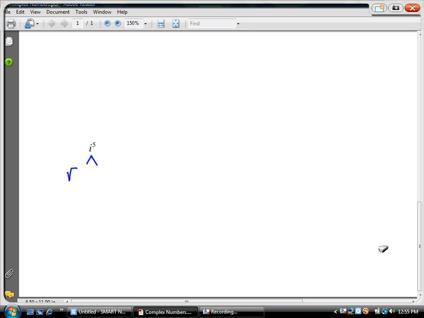We can write this as i squared times i squared times i. So we know that these two are negative 1 times negative 1 times i. So these become positive. We end up with i.